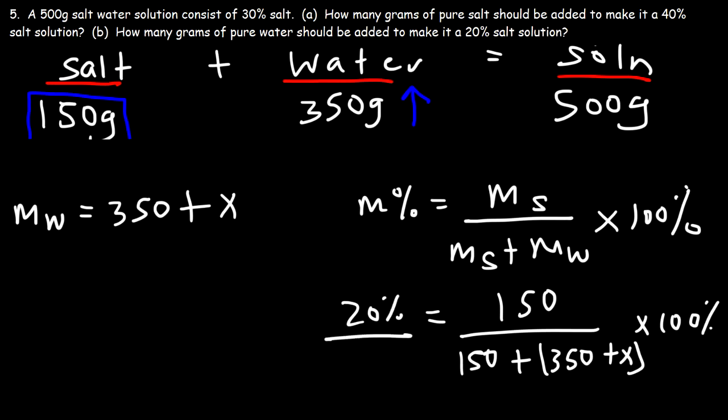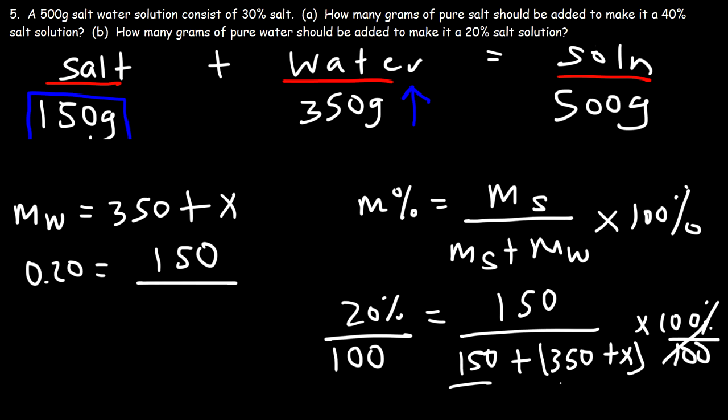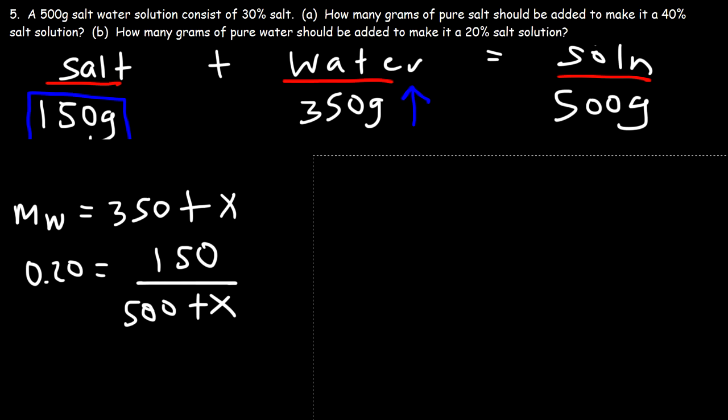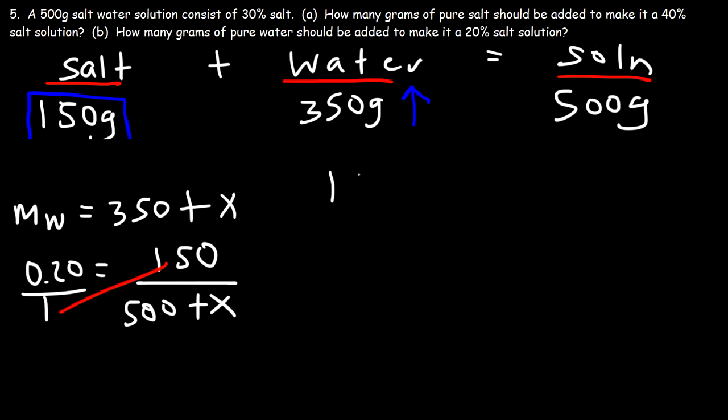So let's begin by dividing both sides by 100. So 20 divided by 100 is 0.20. On top we have 150, and here 150 plus 350 is 500. So let's write 0.20 over 1, and let's cross multiply. So 150 times 1, that's 150, and then we have 0.20 times 500 plus x.